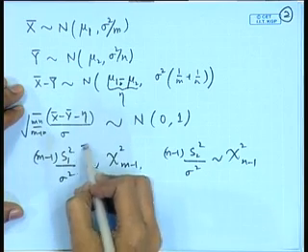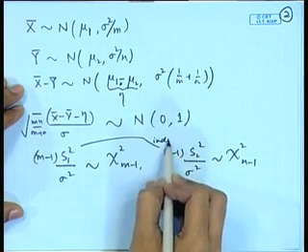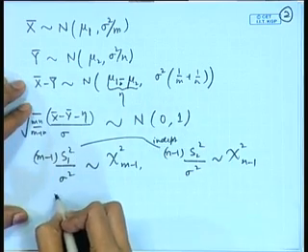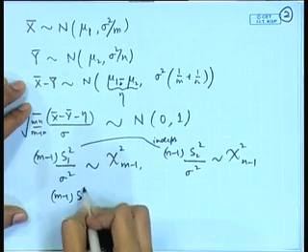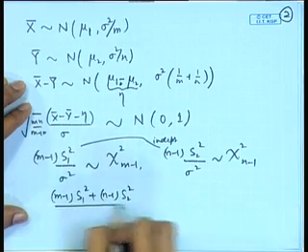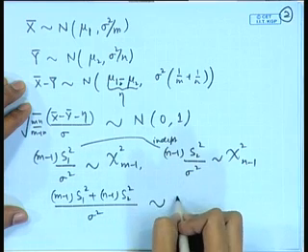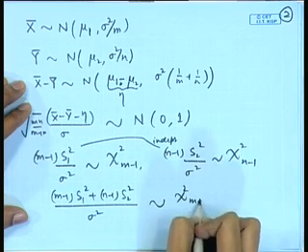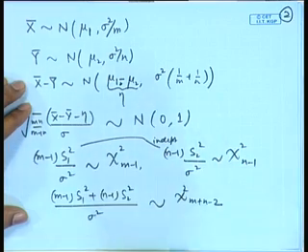Once again these two quantities are also independent. So, I can add these and we get (m minus 1) s1 square plus (n minus 1) s2 square divided by sigma square, that follows chi square distribution on m plus n minus 2 degrees of freedom.